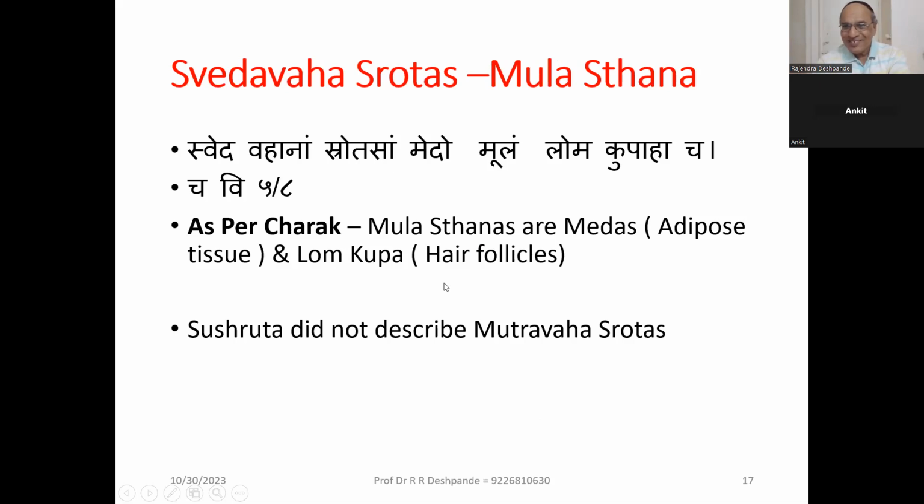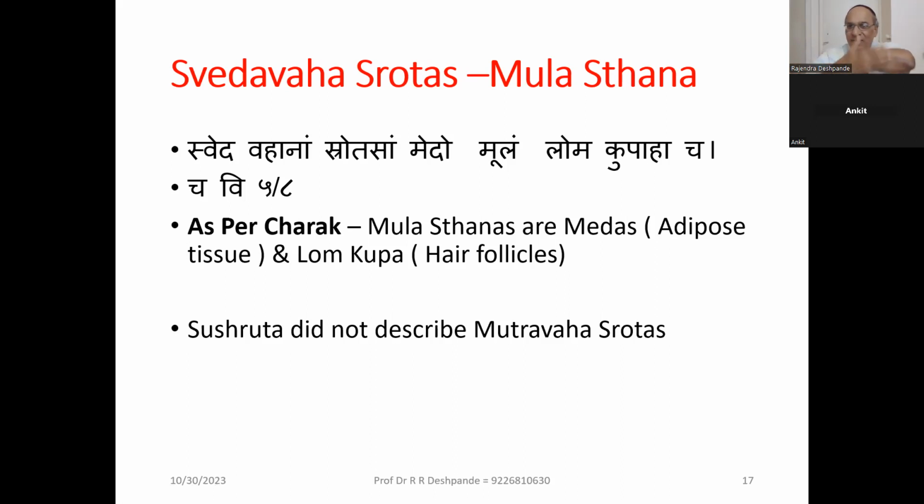Now next Srotas, Swedavahasrotas. Again the Mula Sthana: Swedavahanam srotasam medo mulam lomakupascha. As per Charaka, the Mula Sthanas are Meda, that is adipose tissue, and the Lomakupa. Sweat comes out from the hair follicle.